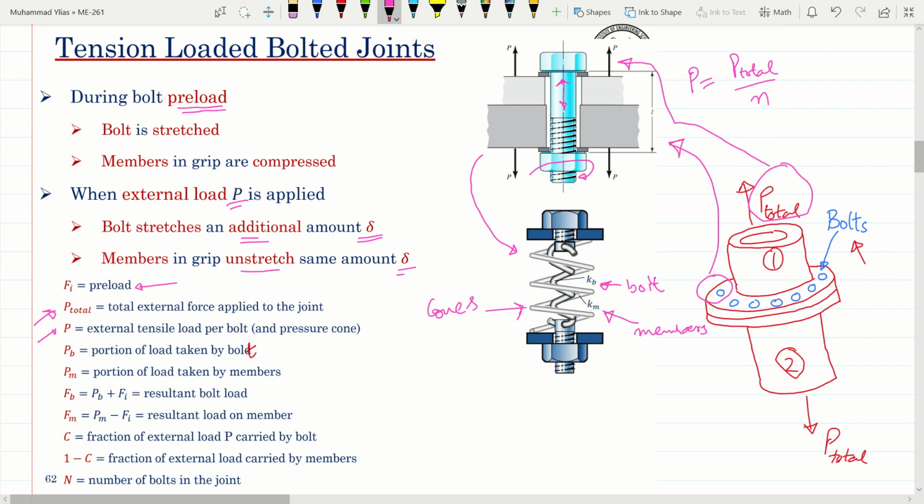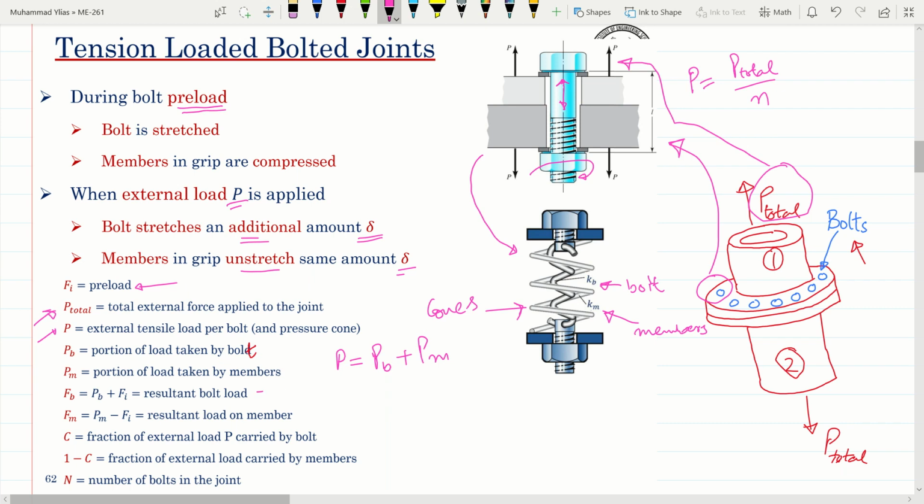Then this P is equal to P subscript B plus P subscript M. That is, some portion of this load will be carried by the bolt and the remaining will be carried by the members.